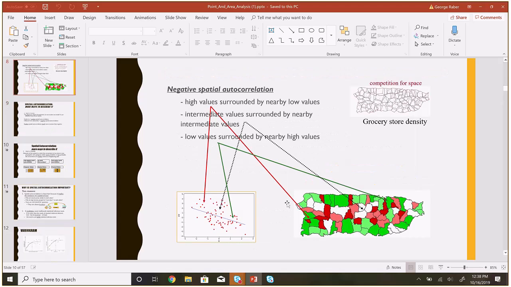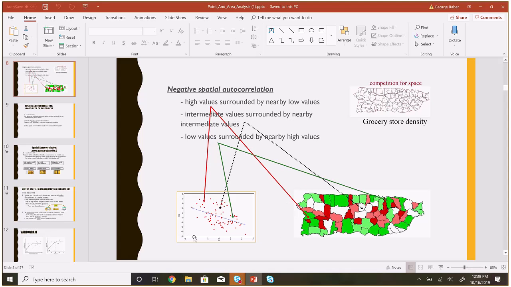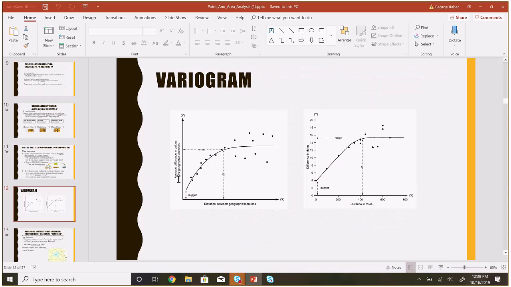Whereas in this diagram, neither axis is distance. They're both the value that we're mapping. In this case, it's grocery store density, and this is neighbor's grocery store density. Whereas in a variogram, this is the difference in the values, in other words the difference in grocery store density, and this is the distance between the geographic locations. So it's a different way to quantify spatial autocorrelation.